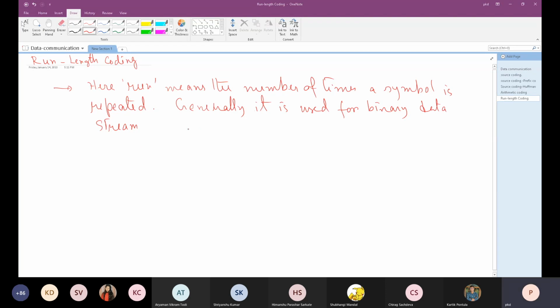So it is used for binary data streams or binary maps.